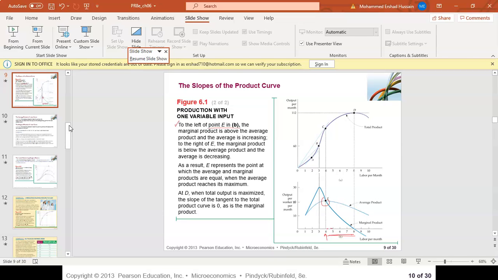For every level of labor, you will see that marginal product of labor is lower than the average product of labor, right? On the other hand, to the left hand side of that point E, we have what? The dark blue line, marginal product of labor, is higher than the average product of labor, the light blue line. See that? So this is higher vertically.